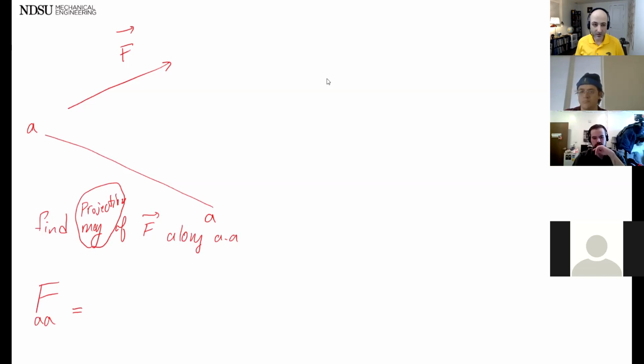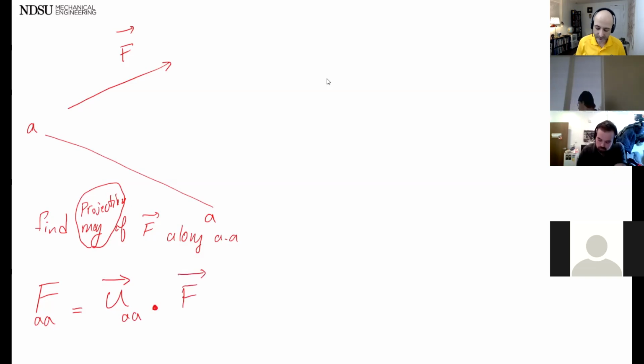Dot product of what? Line AA and F. And what about line AA? Do you remember? The unit vector. Unit vector of it, exactly. So the unit vector of that direction, or that axis, or that line, dot F. And vector dot vector equals a scalar.